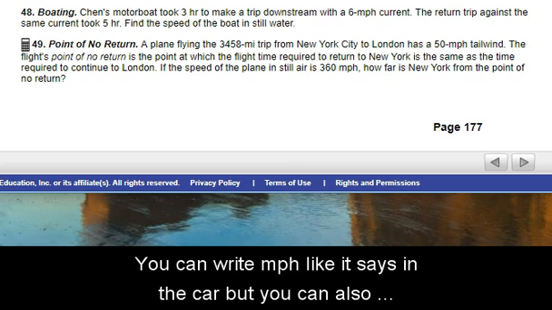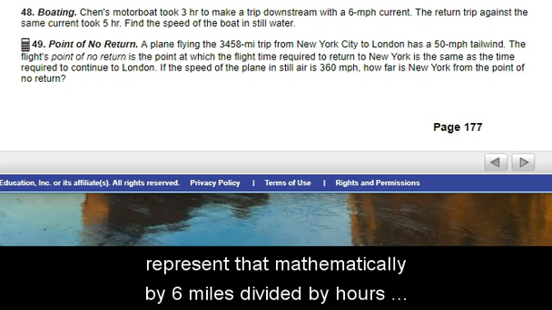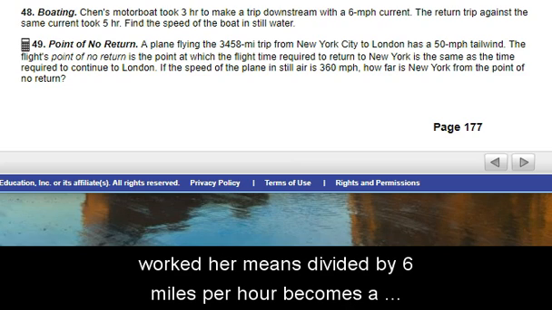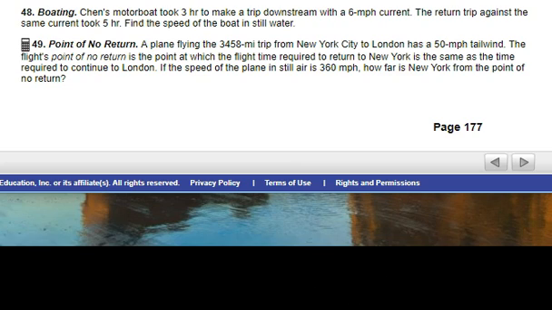Now, you can write mph like it says in the car, but you can also represent that mathematically by 6 miles divided by hours. The word per means divided by, so 6 miles/hour becomes a fraction, 6 miles divided by 1 hour.